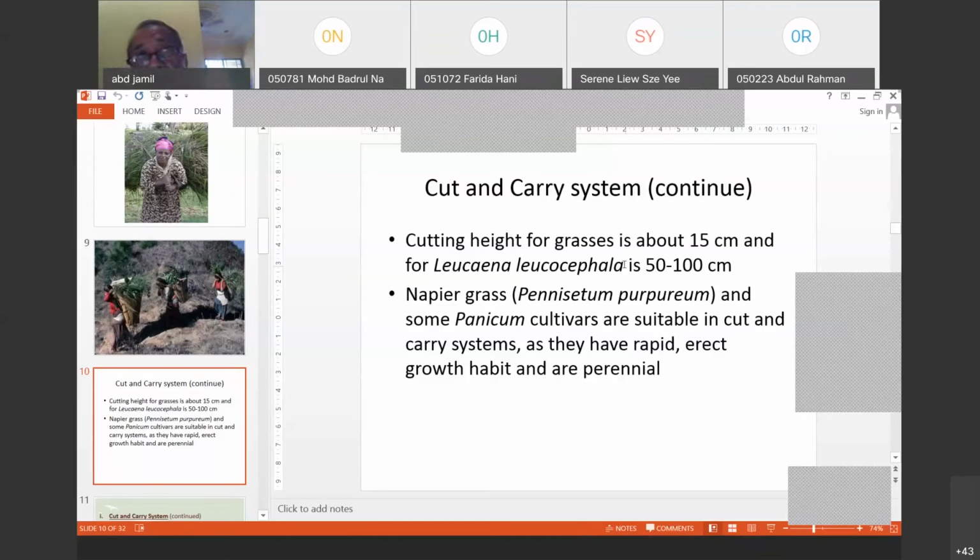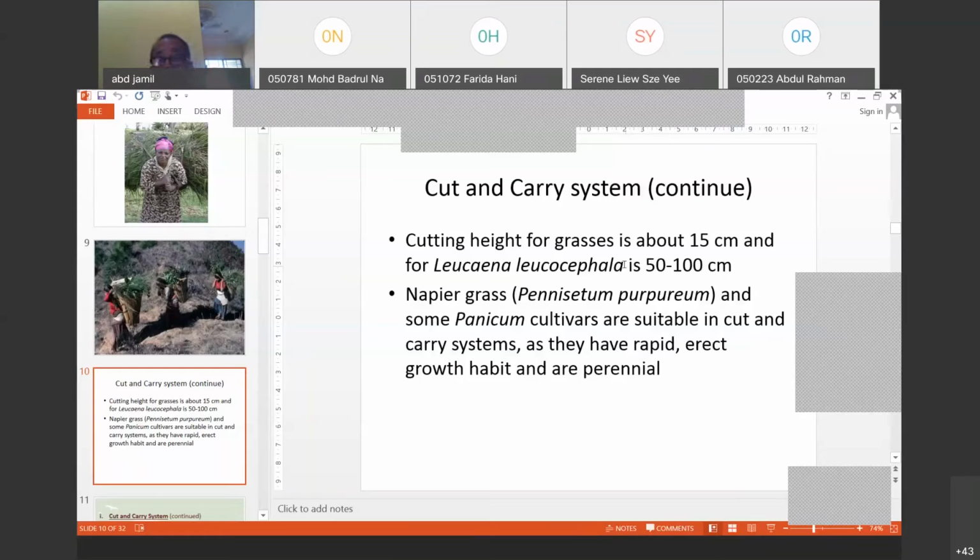Same thing like that grass I mentioned last week, Brachiaria decumbens. Remember? Brachiaria decumbens contains toxin, so you cannot give much to your sheep and goat, but it's okay for the cow because of the toxin contained in the grasses. But don't use that as the toxic plant in your herbarium.